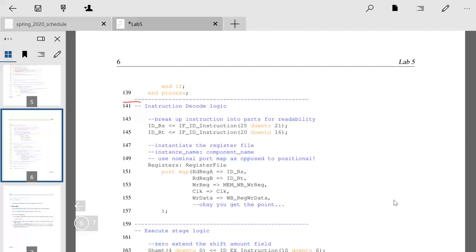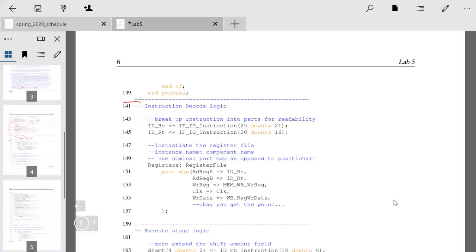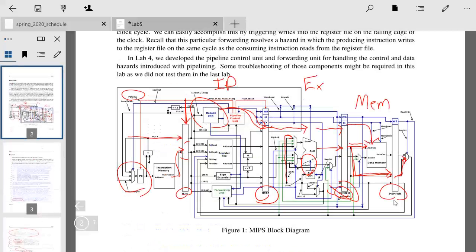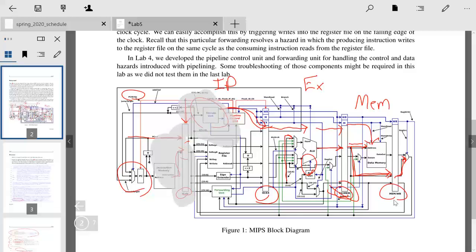Then we enter the decode stage, and I notice I separate these stages with dashes. It just makes the code a lot easier to read. The first thing we do with decode is take the instruction, which if we go back to our diagram, here's our instruction coming from the IFID register, and notice it breaks off into little chunks.